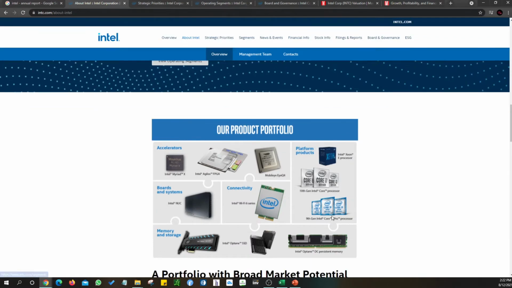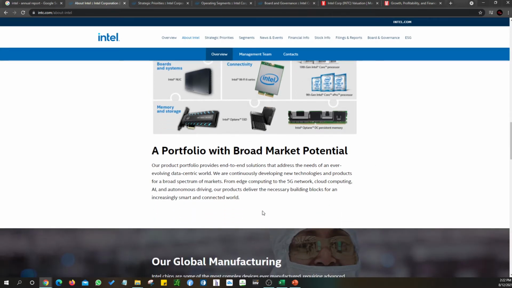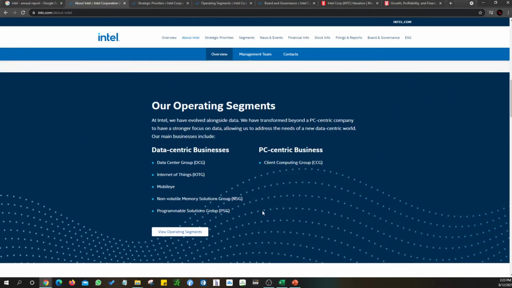So these are some of their products. Do you remember reading Mobileye? Yeah, this is the one. And Xeon, Myriad, Gilex, Optane. Great. Some inside information: if you are working in Intel, you get more information. If you are working with companies that are using Intel as a main vendor, you get a lot of information.